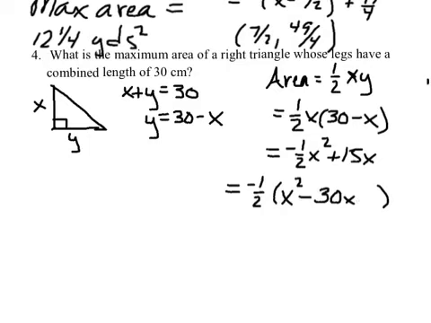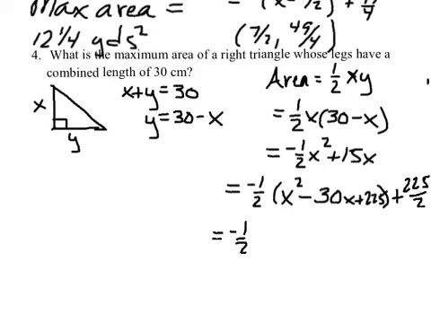But like everything else, you got to realize that that's not really a 225. It's 225 times negative 1/2. So I need to balance that out by adding in 225 over 2.